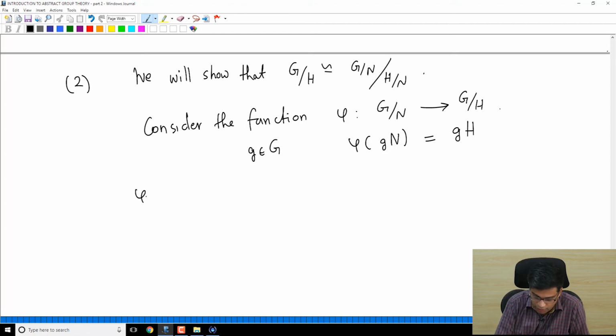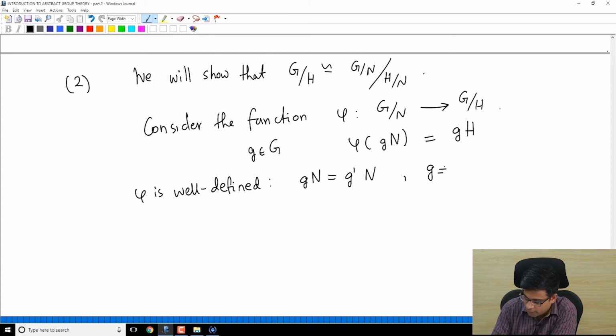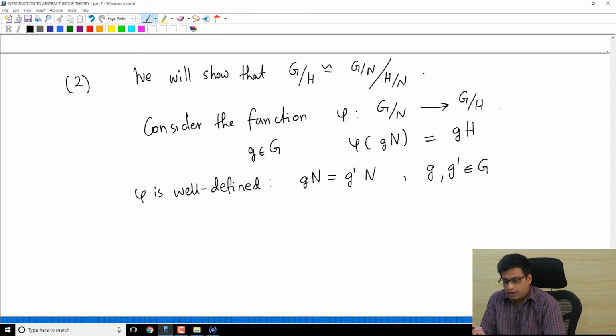So phi must be well defined in order to be a group homomorphism. Before that you have to check well definedness. Why do we need to check well definedness here? Because we can have gN equal to g prime N, and this can happen for two different elements of the group G. Even if they are different, gN could be equal to g prime N. Suppose this happens.